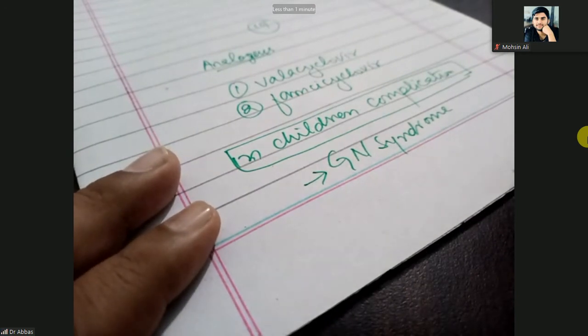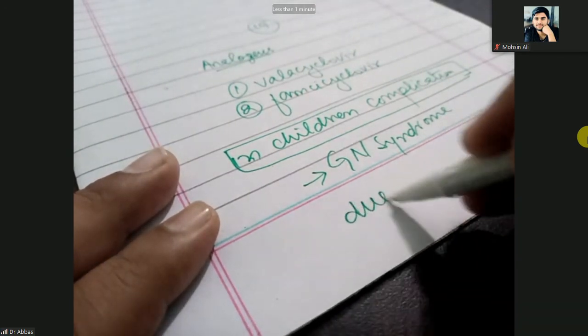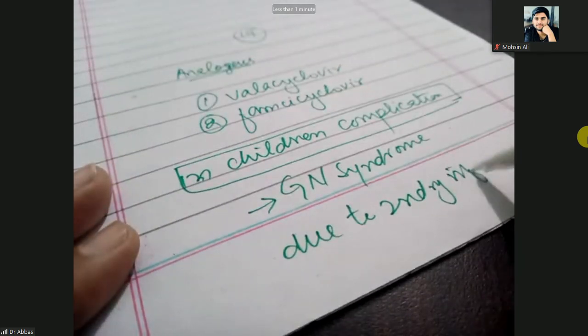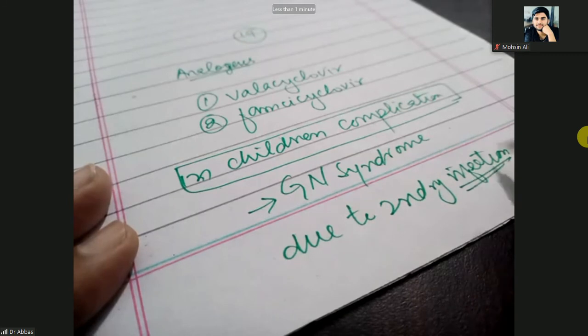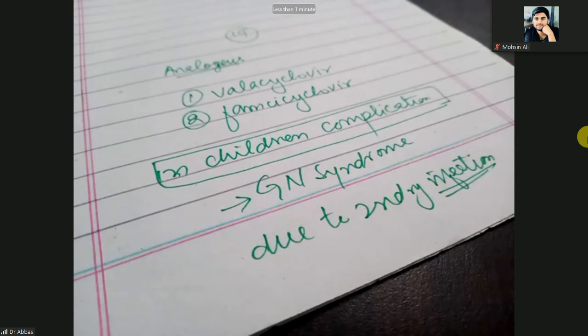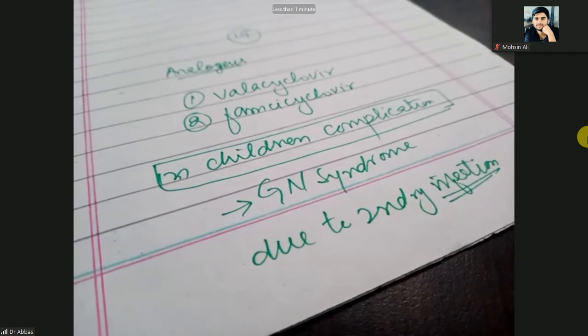That is due to secondary infection. So it means complications in children are most dangerous. Glomerulonephritis, so the kidney can be damaged. Okay, so these are some drug treatments for varicella.